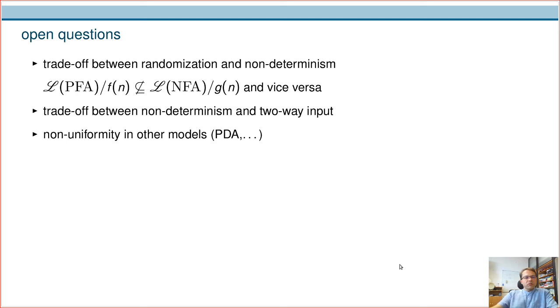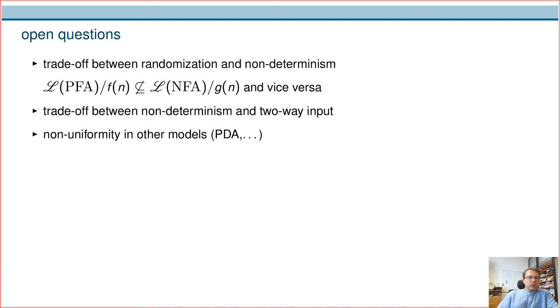So yes, this was a rough sketch of the ideas that we have here, and this basically closes the main question about how randomization fits between determinism and non-determinism.